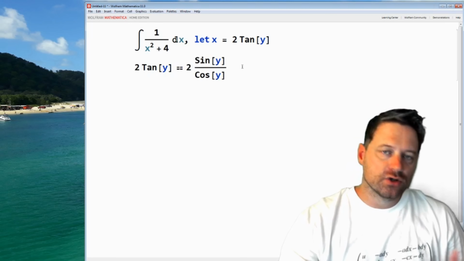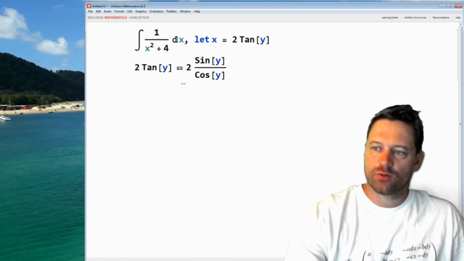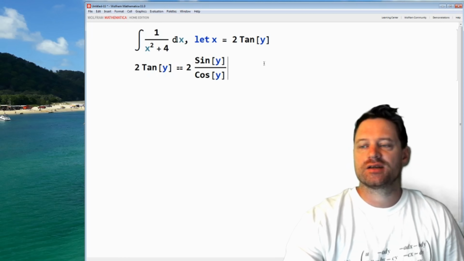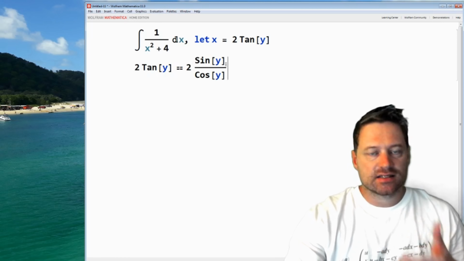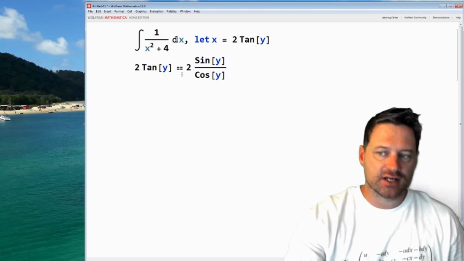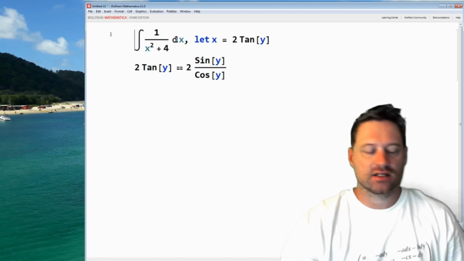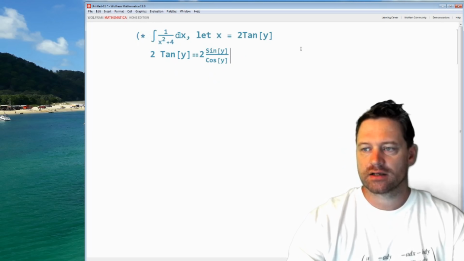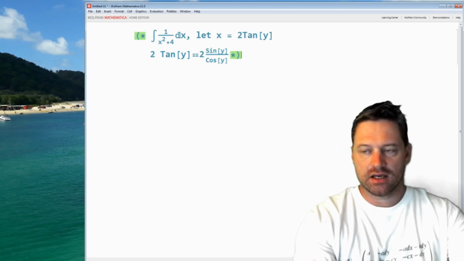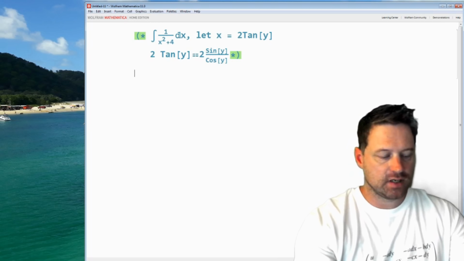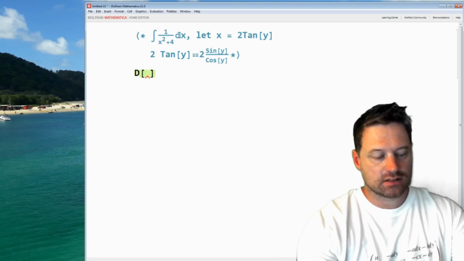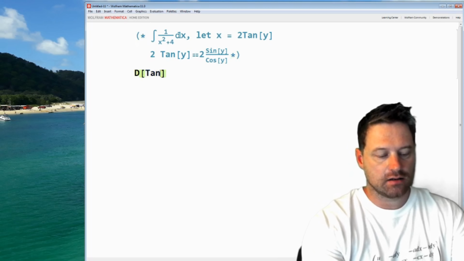Now you could differentiate this by hand, and you would want to use the quotient rule for differentiation. But since this is not a video about differentiation, let's just use Mathematica to do that part of it. So I'll turn all of this into a comment so that I can do a derivative in Mathematica. I'll just put a big D, and then I want to differentiate tan of y with respect to y.